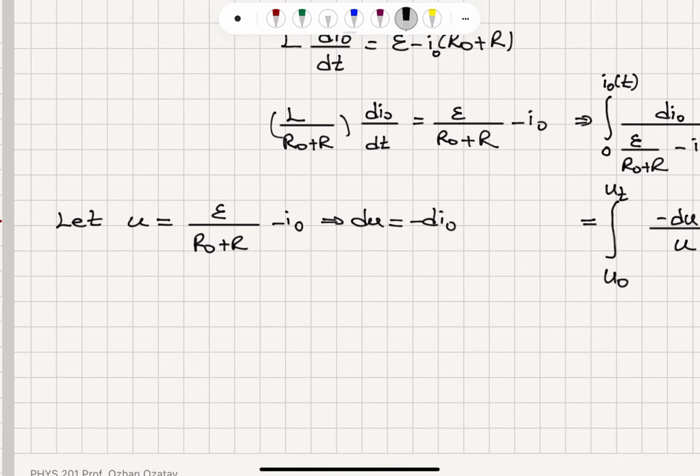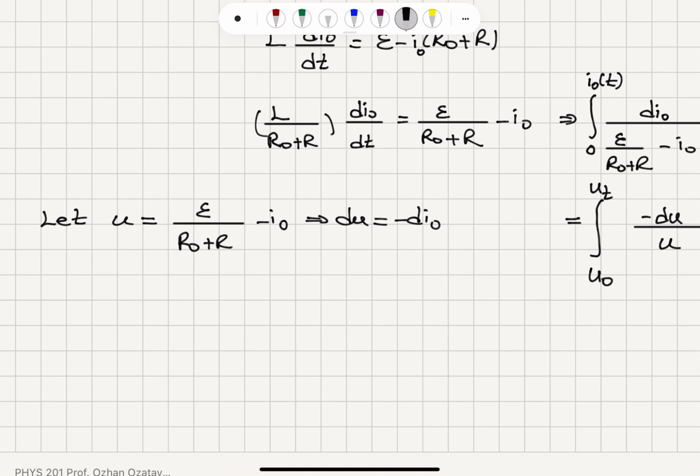So if I substitute for u, epsilon over R0 plus R minus I0, I will obtain natural logarithm of u at time t equals 0, where the current at t equals 0 was 0, so it is epsilon over R0 plus R. And then I have epsilon over R0 plus R minus I0 at time t.